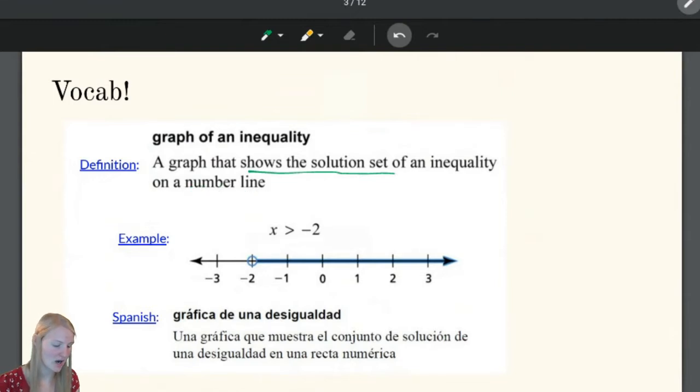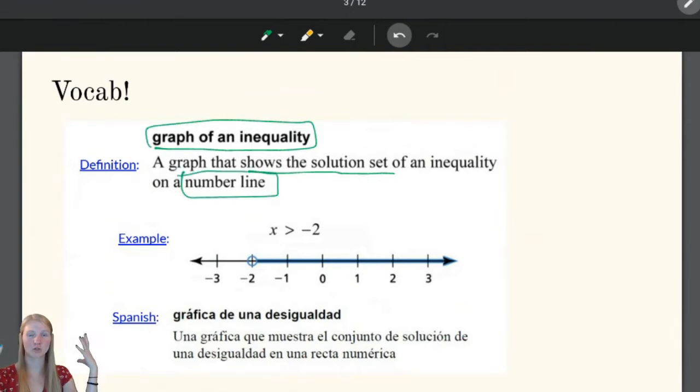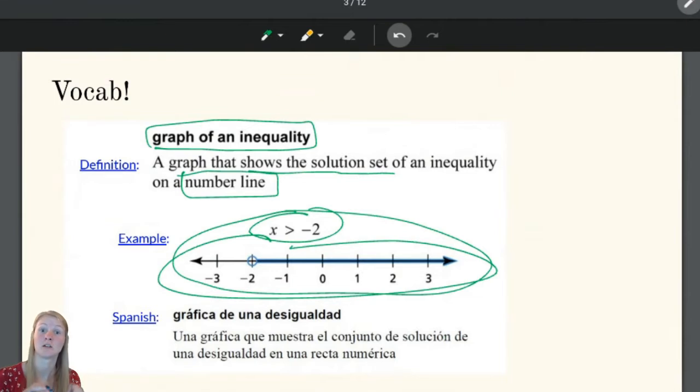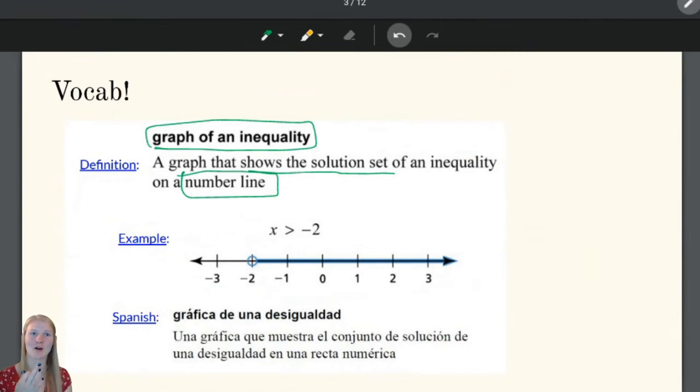Anytime we graph inequalities, there is going to be a number line involved. I want you to associate those two together.